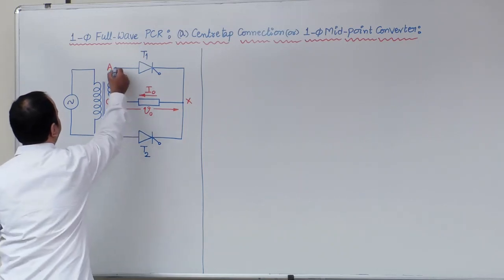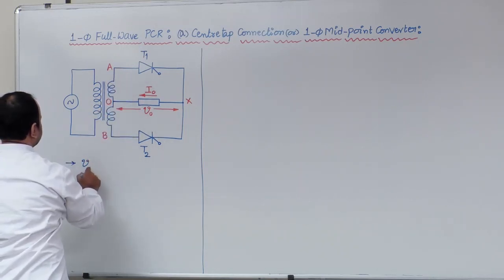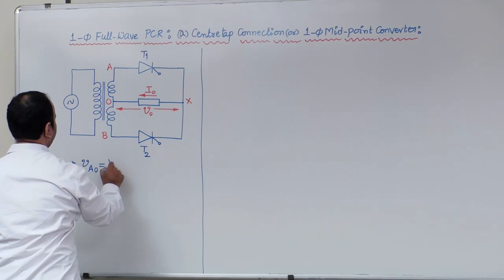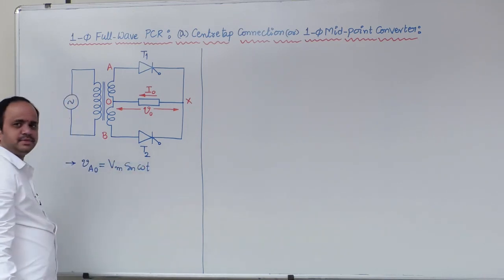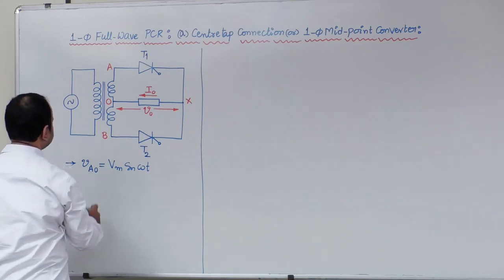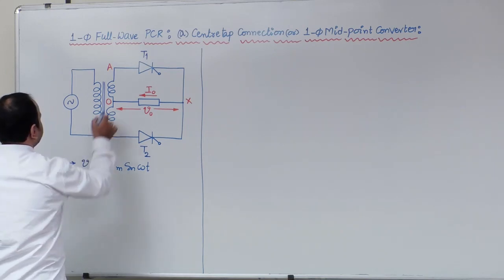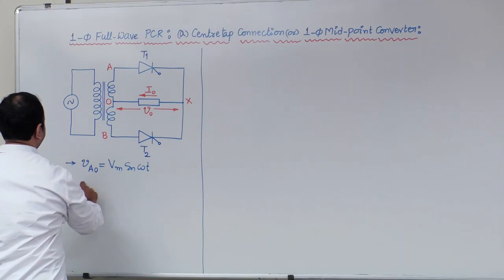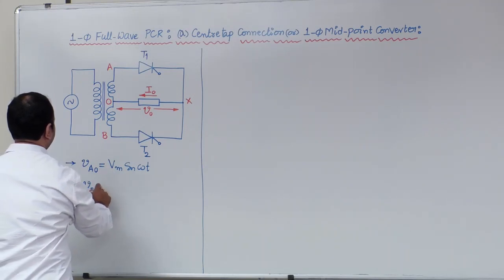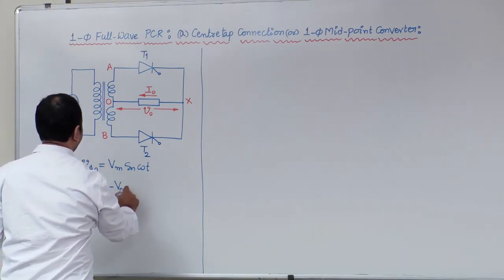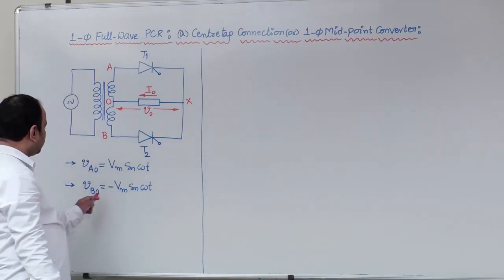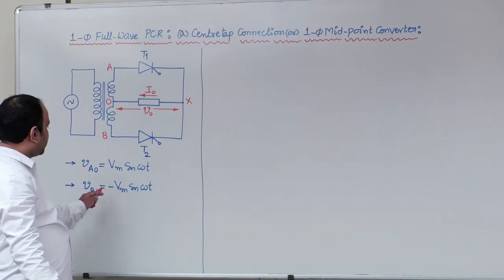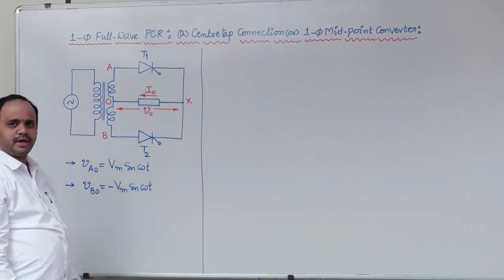Now here, for example, let us consider the source voltage VAO equal to Vm sin omega t, so that due to the center tap transformer property, VBO will be 180 degrees out of phase. So VBO can be represented as minus Vm sin omega t.